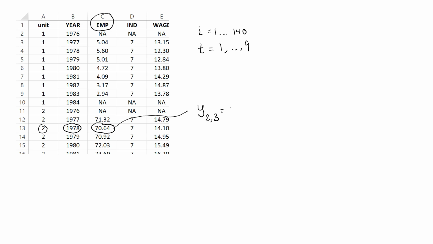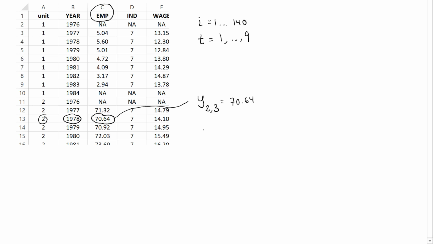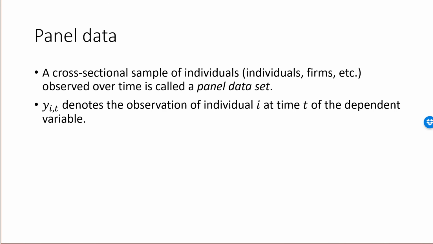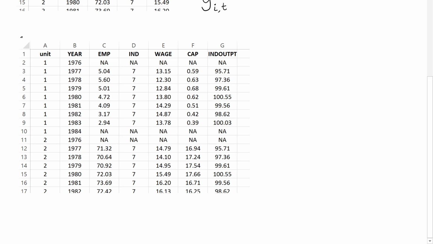So y 2,3 is equal to 70.64. The generic notation for the dependent variable is y i,t, where i is any number between 1 and 140 and t is any number between 1 and 9. y i,t is the observation of individual i at time t of the dependent variable.